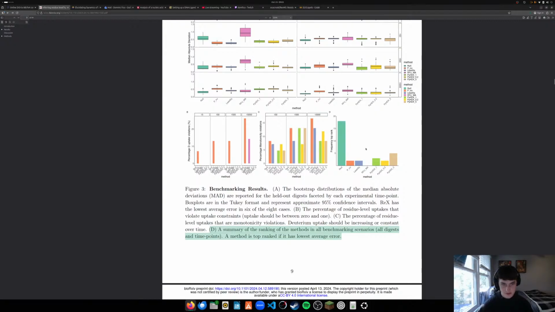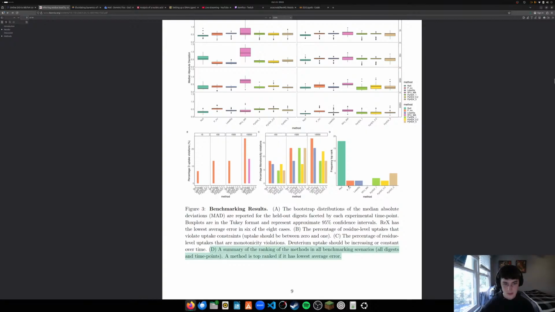So this is the top across all the benchmarks. Even these other ones though have some improvement, you know, are better than the REX.